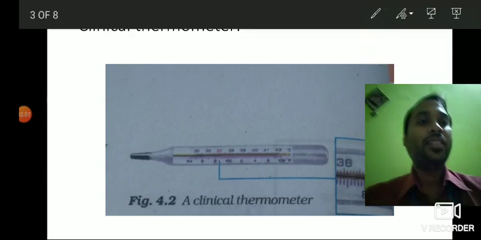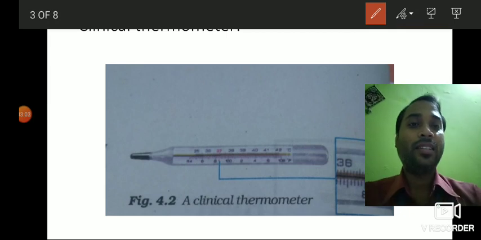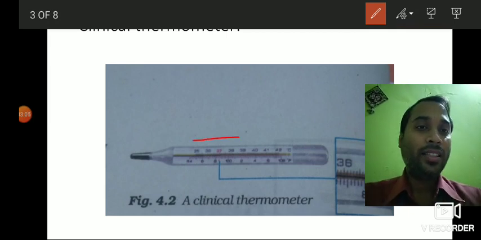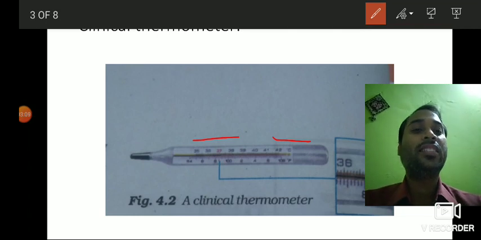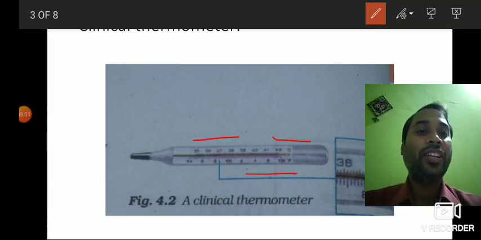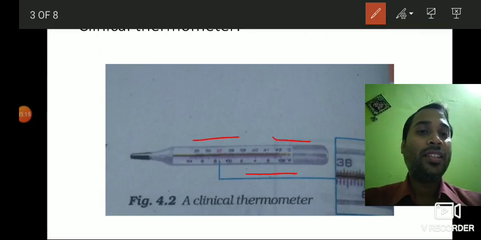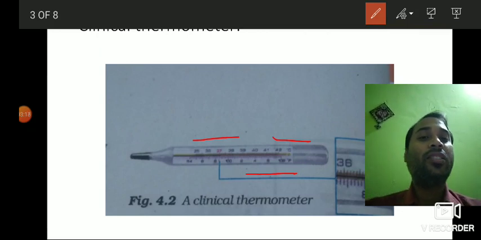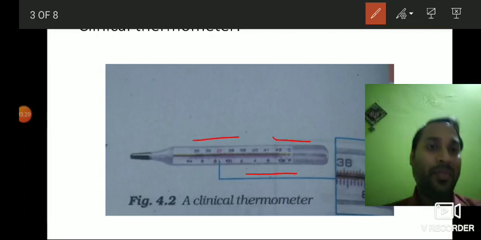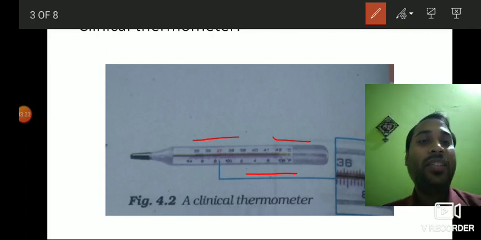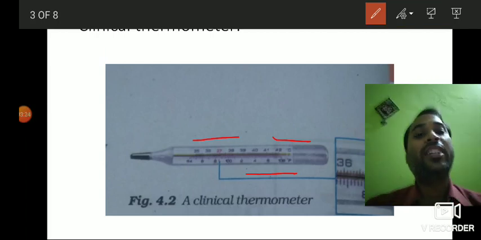What are the scales used? You can see the upper part here, it is written degree C, so this is the Celsius scale, and below you have Fahrenheit. The two scales are mentioned in this thermometer, so you can use either of the scales to measure the body temperature.